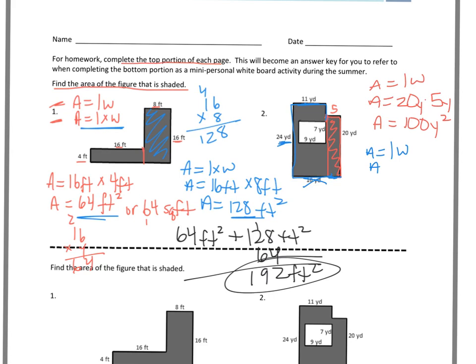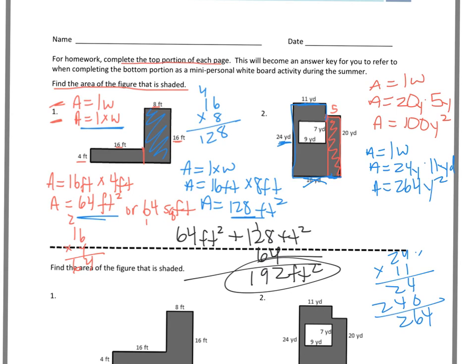Length times width. My length is 24 yards times 11 yards. And I can do 24 times 11. And I'll get 264. And that's yards squared.